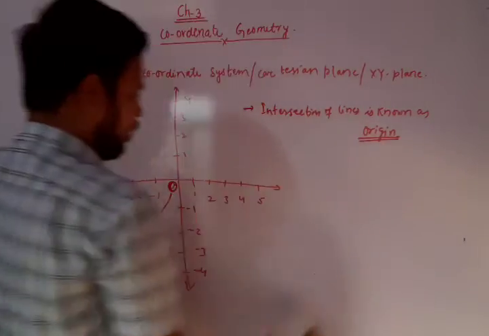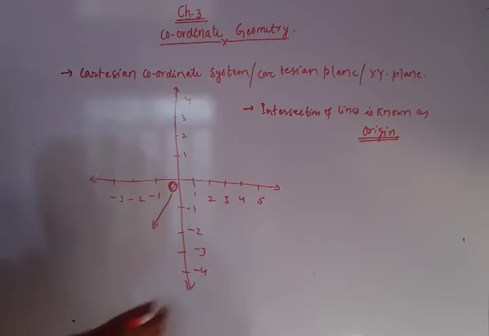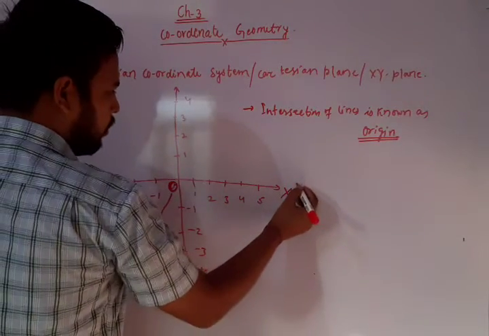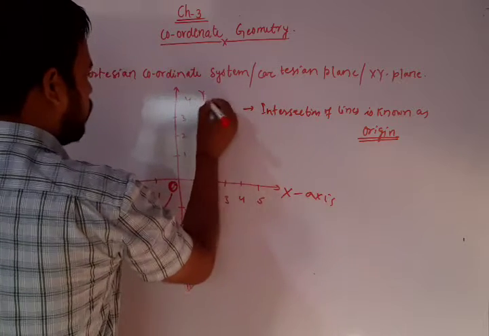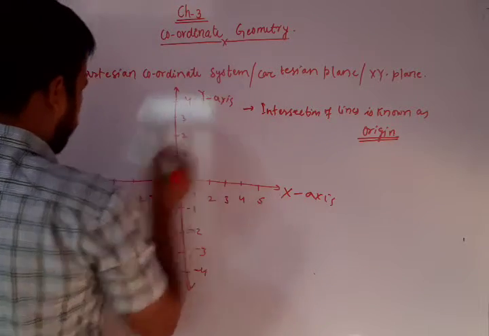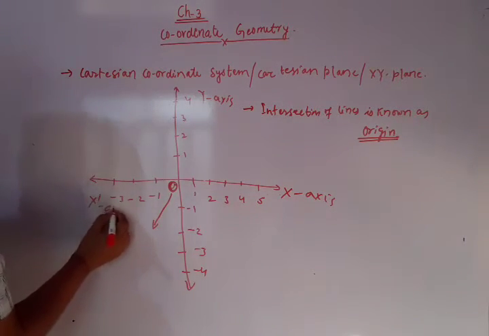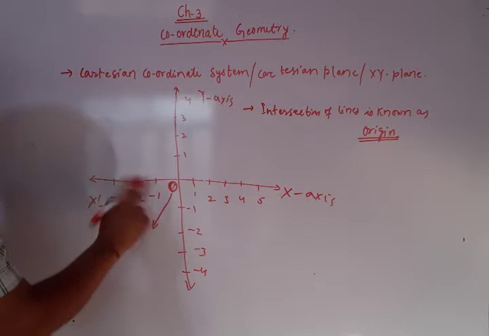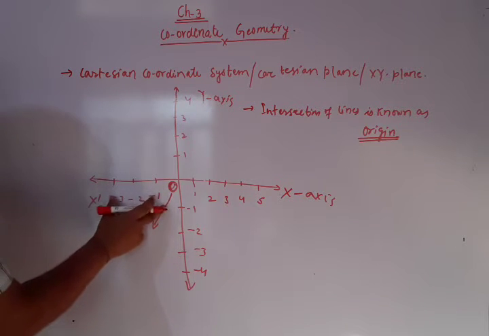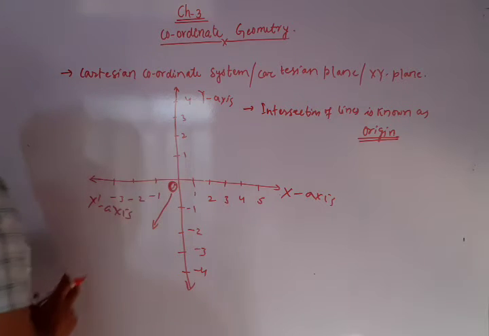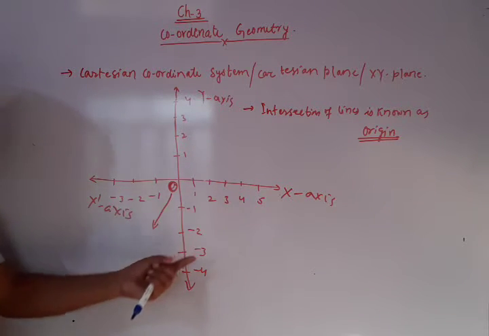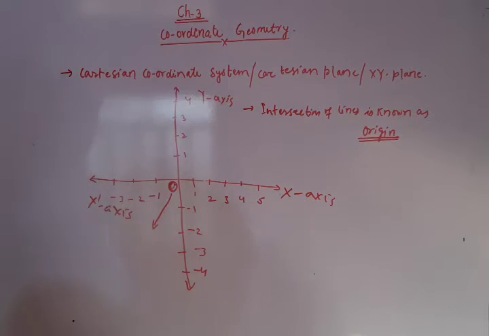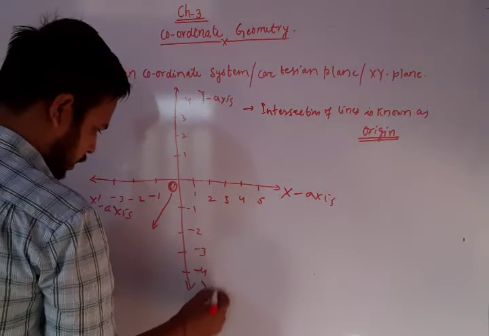Now this is known as the x-axis. This is known as the y-axis. This will be x dash, meaning this part is just the opposite of this, so we can say this is the mirror image of this part, and this will be the mirror image of y, so y dash axis.